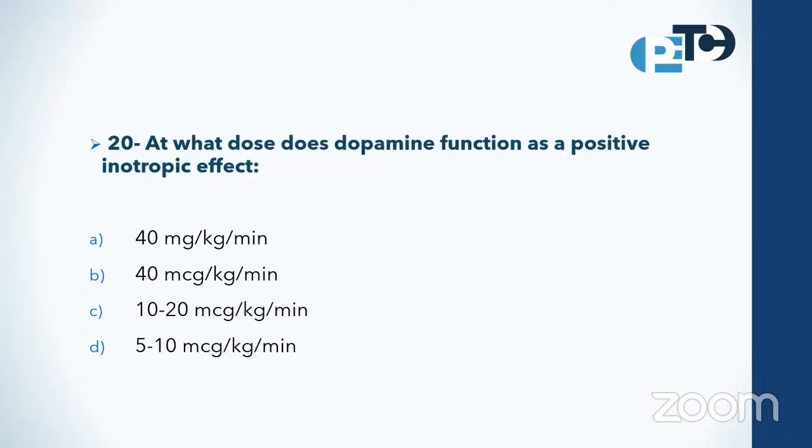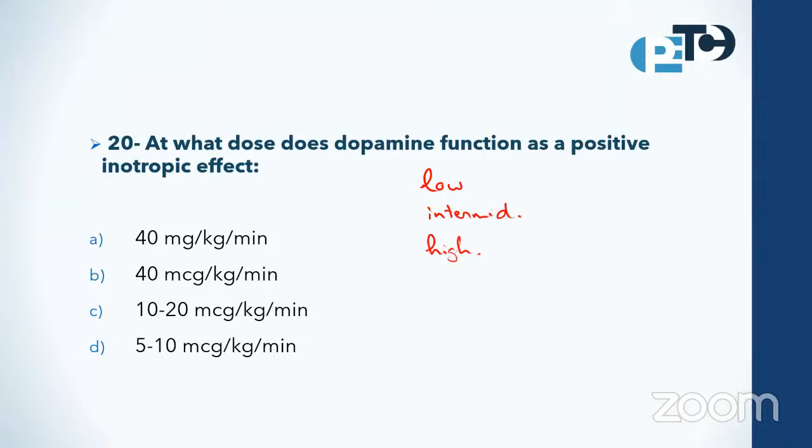Let us see the last question today. At what dose does dopamine function with a positive inotropic effect? Dopamine can be used therapeutically with 3 different doses: the lower dose, the intermediate, and the high dose.